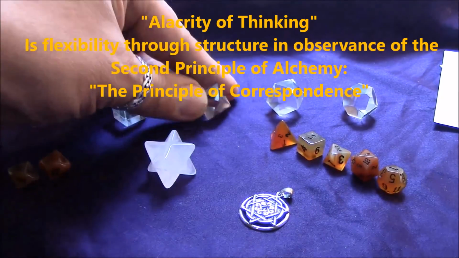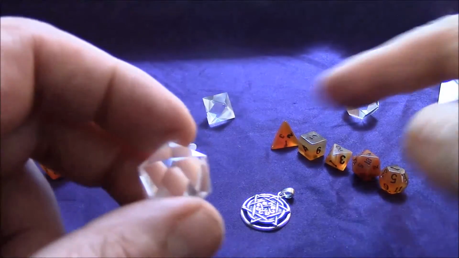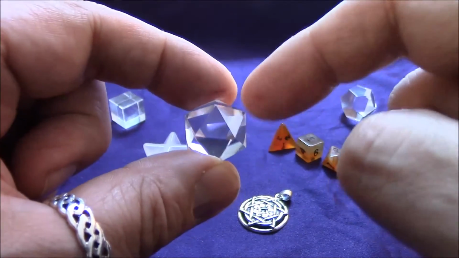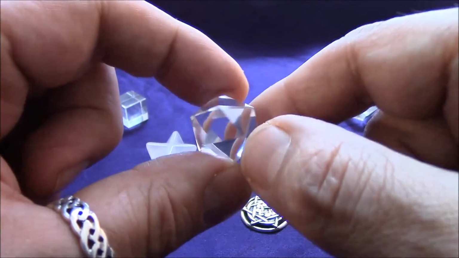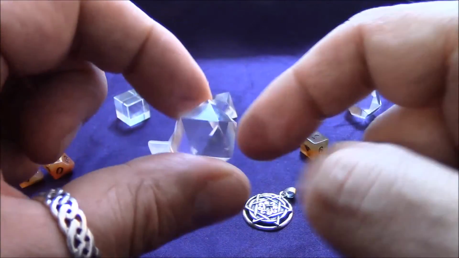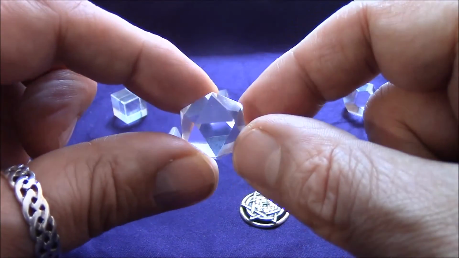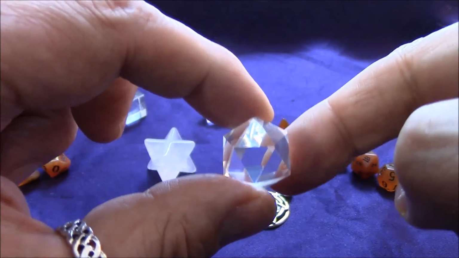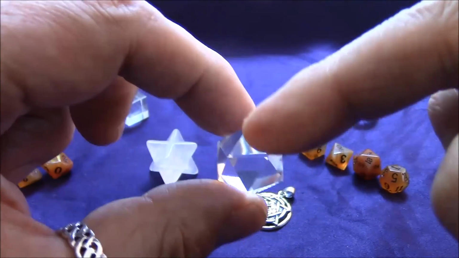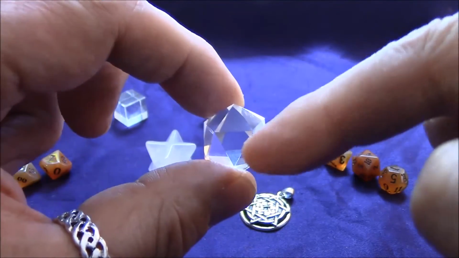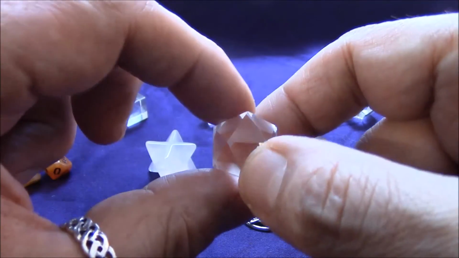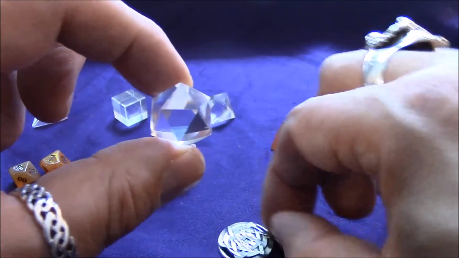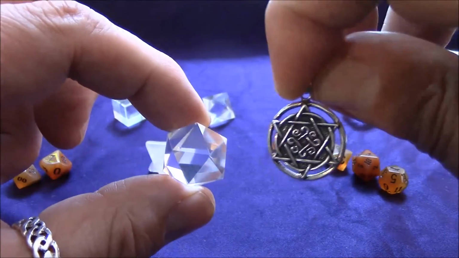Okay? The next one is the icosahedron, and this is associated with the element of water. And you'll notice right away, when we turn it like this, we get the diamond in the center, and then 1, 2, 3, 4 off to the sides. So again, it forms an actual hexagram star, like this.